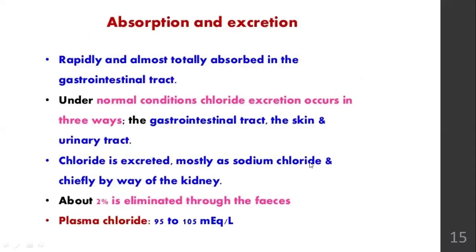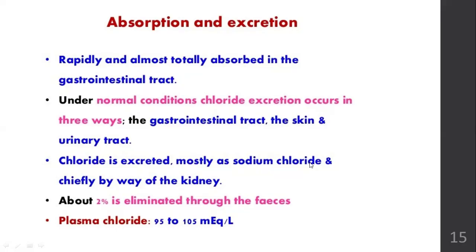Absorption and excretion. Absorption is almost complete from the gastrointestinal tract, that is from your small intestine. Under normal conditions, if you are healthy, okay, chloride excretion will take place again in three ways: through your GI tract, feces, sweat, through your skin, and through urination. Okay, excess chloride will be dumped out of the body through these three routes.